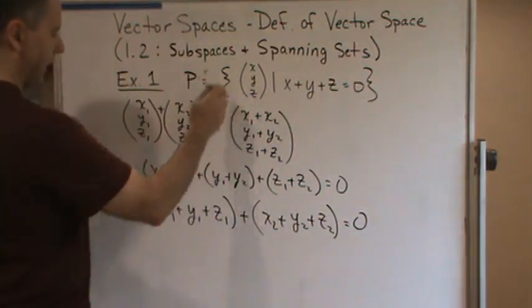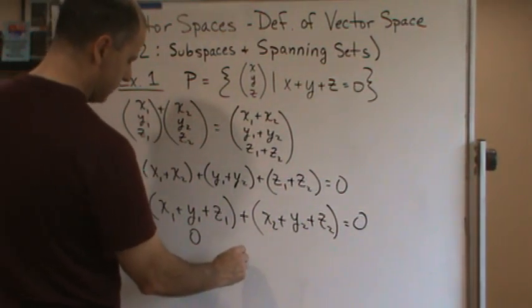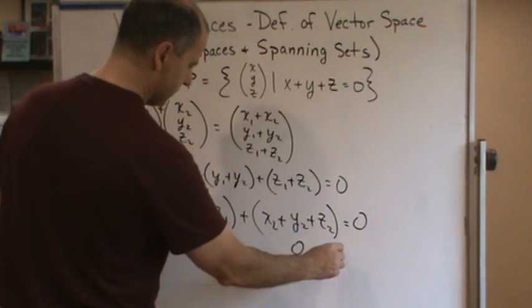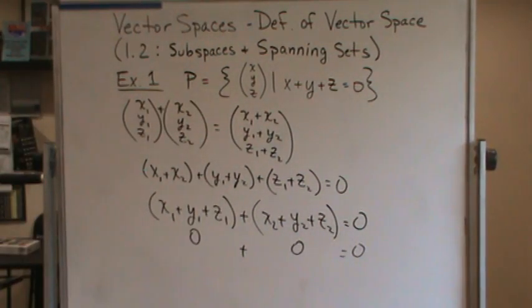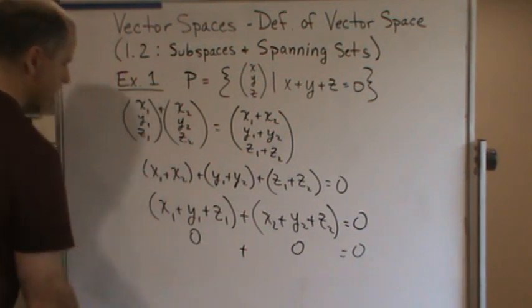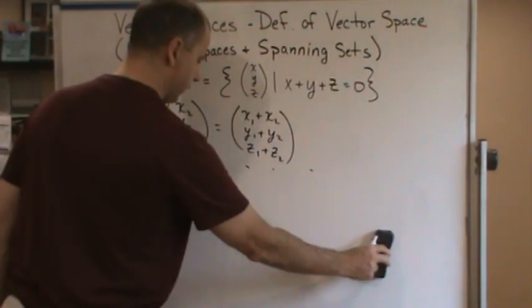Well, we know from the two vectors we started with that this adds up to 0 and this adds up to 0, so we get the closure property. So it does.